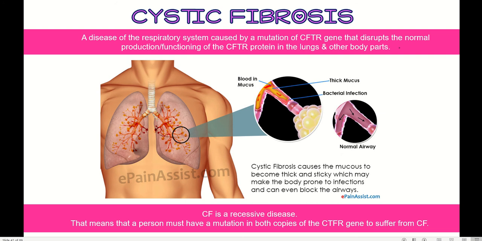This is a disease of the respiratory system caused by a mutation of a gene. The name of the gene is cystic fibrosis transmembrane conductance regulator gene, or CFTR gene for short. Once a mutation of the gene occurs, it disrupts the normal production or functioning of the CFTR protein in the lungs as well as other parts of the body.